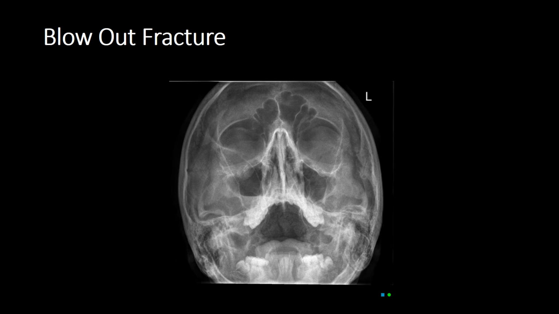Because we can't see an orbital floor fracture, we're looking for either a teardrop sign, which is our soft tissue opacification of the orbital contents herniating down into the maxillary antra.